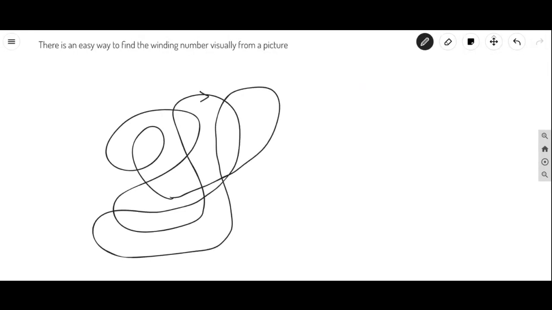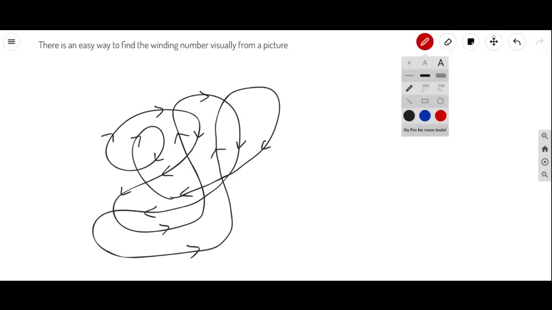Let's say it moves like this. Let's just add some arrows so we see the orientation. Like this. Okay, so here's a very complicated curve. And then we're going to draw the center somewhere.